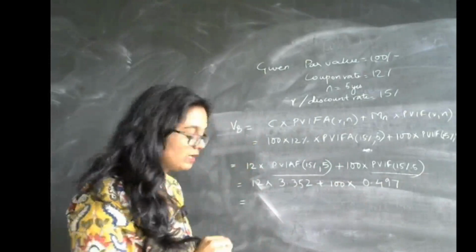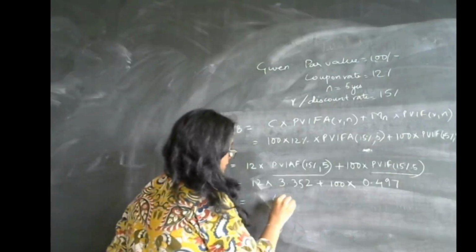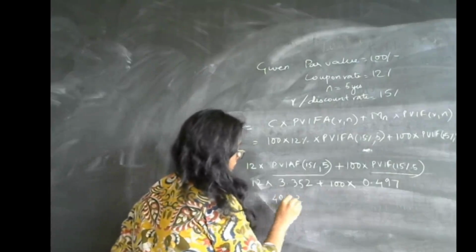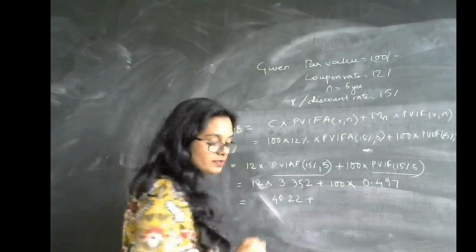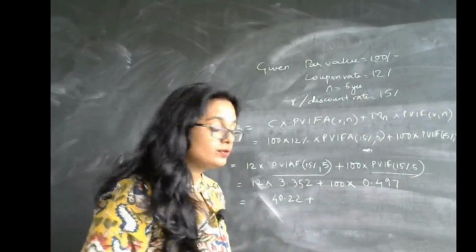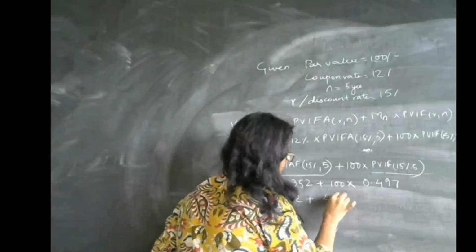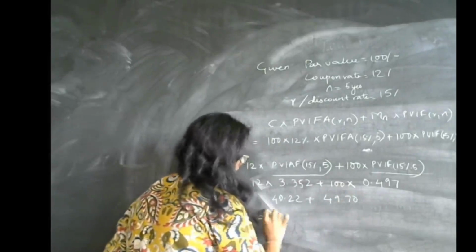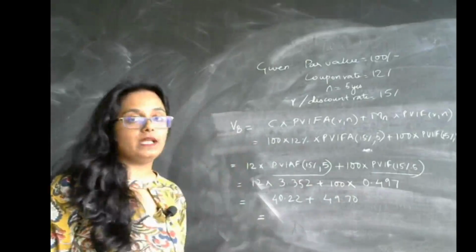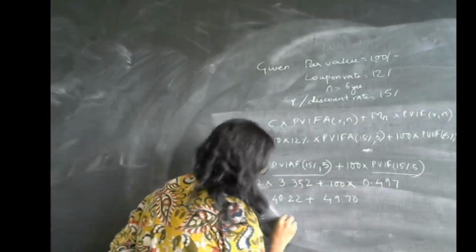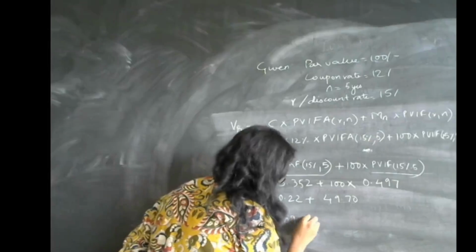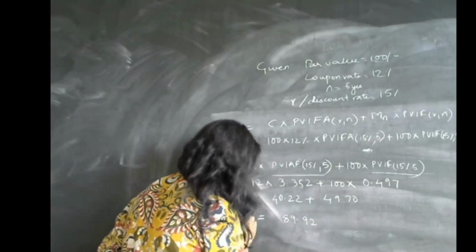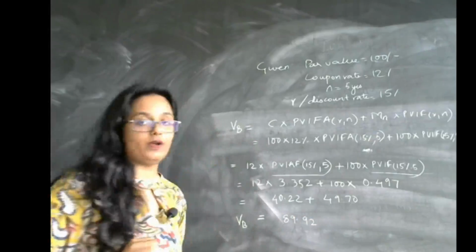So how much is this? It is coming to around 40.22 plus how much is this? It is coming to 49.70. The total amount, add this, it is coming to around 89.92. So this is your value of bond.